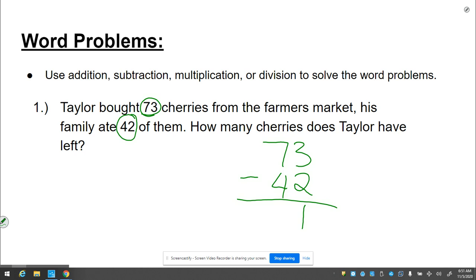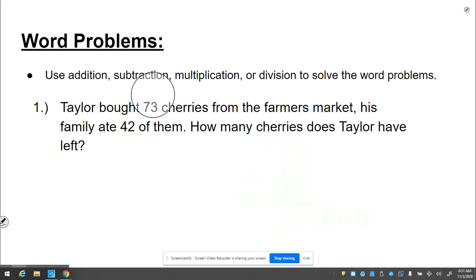Then our tens column: 7 minus 4 is 3. So how many cherries does Taylor have left after his family ate some? He has 31 cherries left. So the big thing to do when you're looking at word problems is try to figure out if it's adding, subtracting, or multiplying.